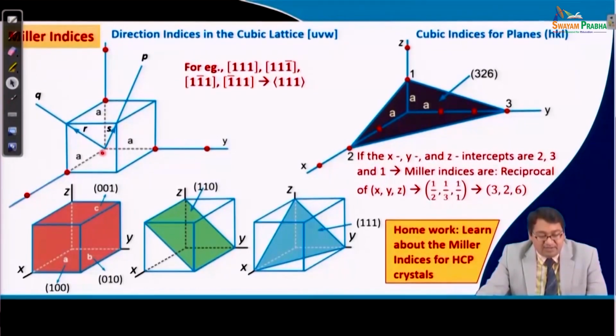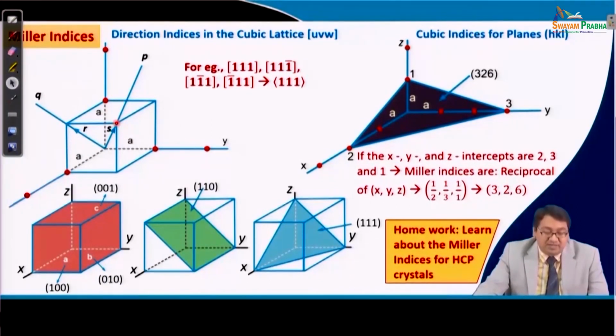If we look at the vector p, which is coming out from the origin to this corner of the unit cell, making it a body diagonal, then you can see that this unit vector coincides with the x direction at 1, in the y direction at 1, and in the z direction at 1, and through this path only we can reach this corner of the unit cell, and therefore, the vector p basically relates to the direction 1 1 1.